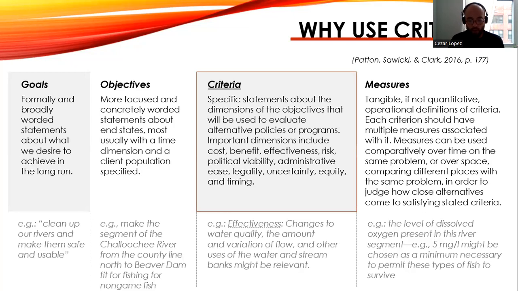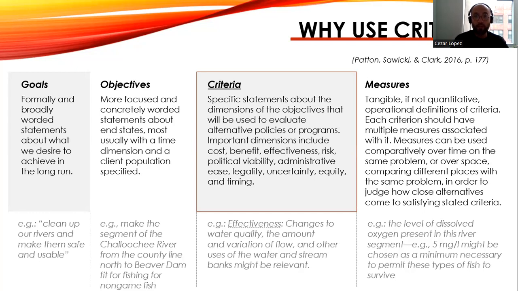Here, make note of the following definitions. Goals. These are formally and broadly worded statements about what we desire to achieve in the long run. Objectives. These are more focused and concretely worded statements about end states, most usually with a time dimension and a client population specified.